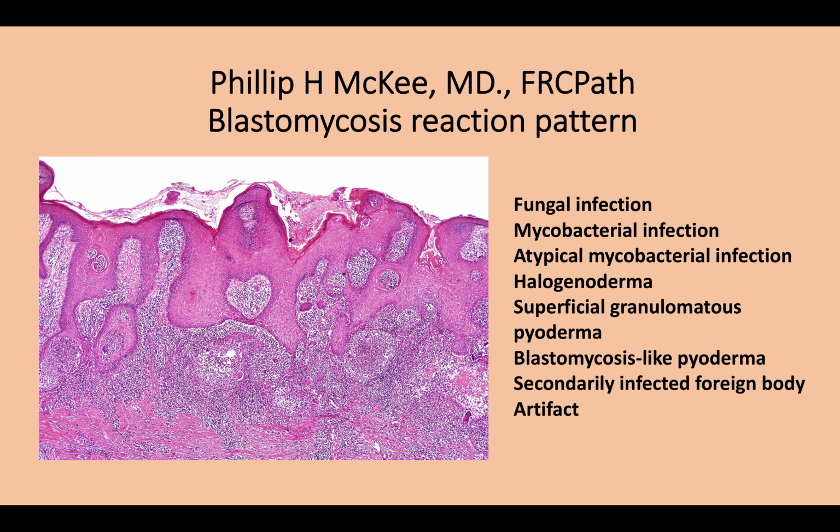They're often diabetic or alcoholic, and it represents a very unusual reaction pattern to a chronic infection, sometimes due to staph or E. coli, but many other organisms may be involved.